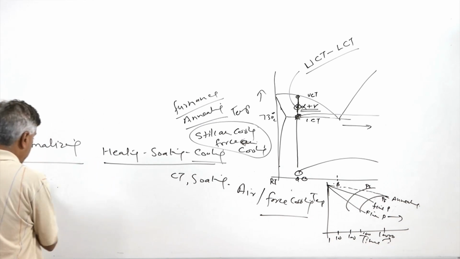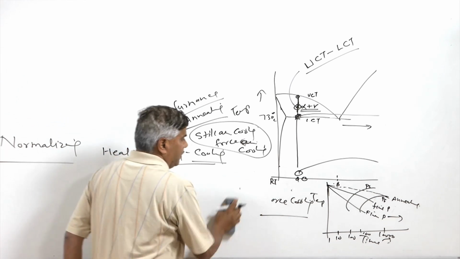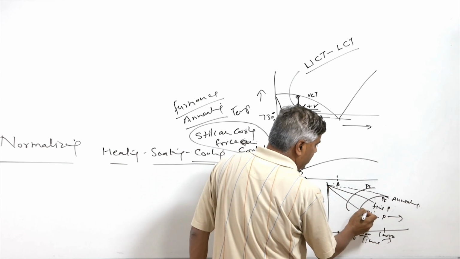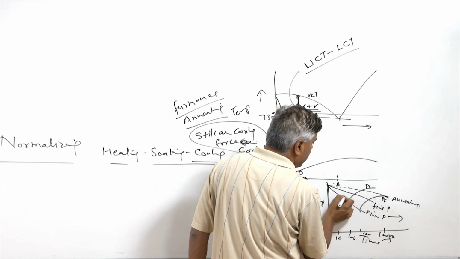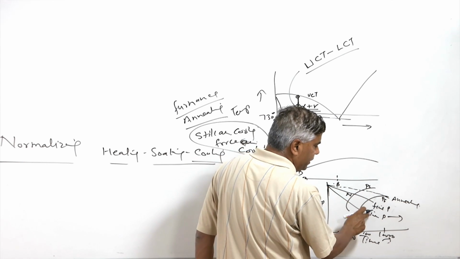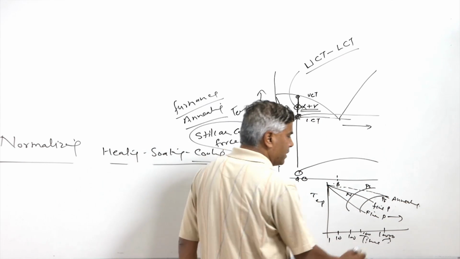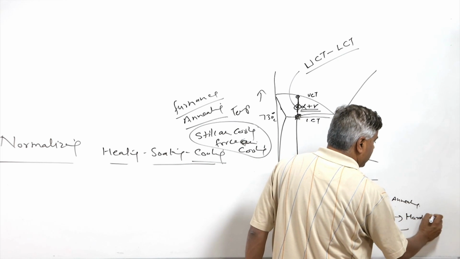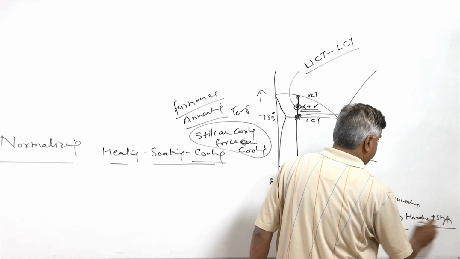So with reference to normalizing, we use higher cooling rates, resulting in the finer grain structure, which will be leading to the higher hardness and greater strength.